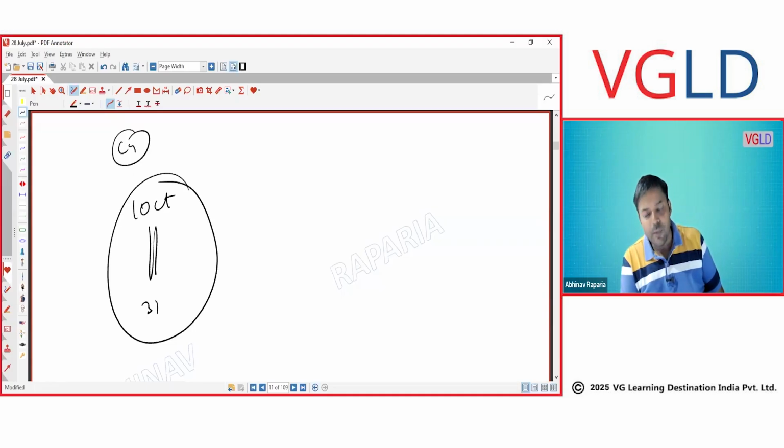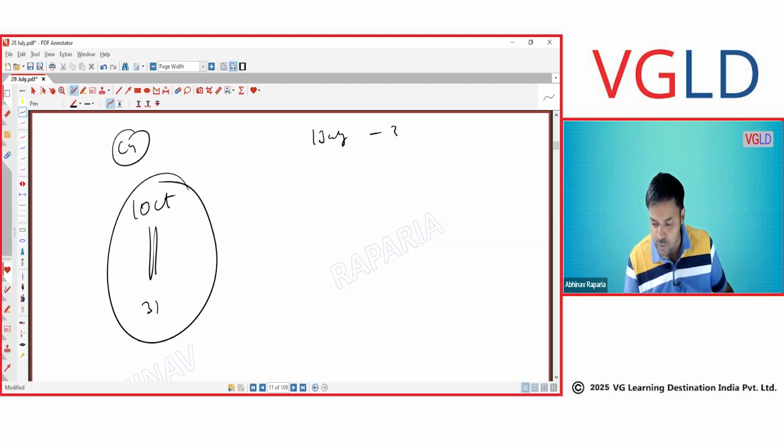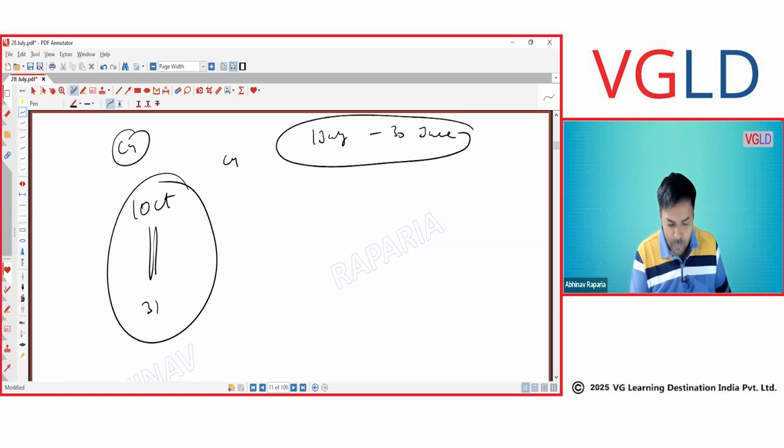Second, it could be when you're switching the year. For example, you are following 1st of July to 30th of June, the financial year, and now you want to move to the calendar year. So 1st of July 2014 to 30th of June 2015, and now you want to move to calendar year.